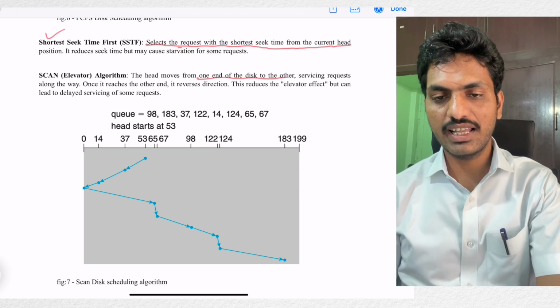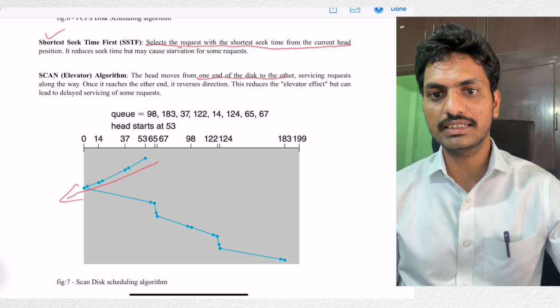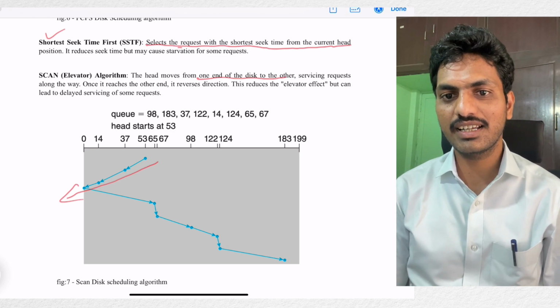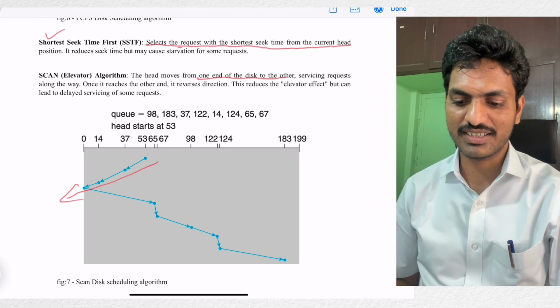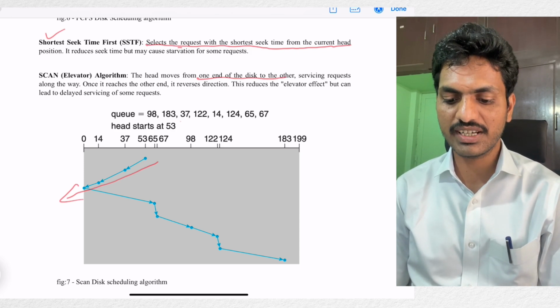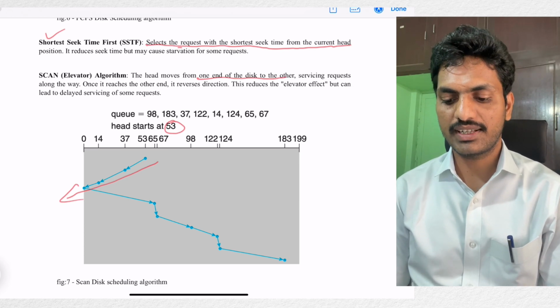It is going to the left side, and it will read all the requests on that left side. And then it will start going to the right side. So whatever requests are on the left side of 53 will be read first.